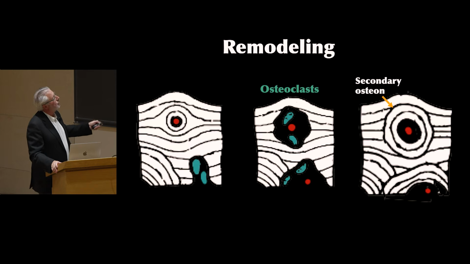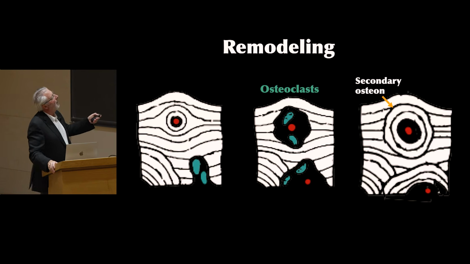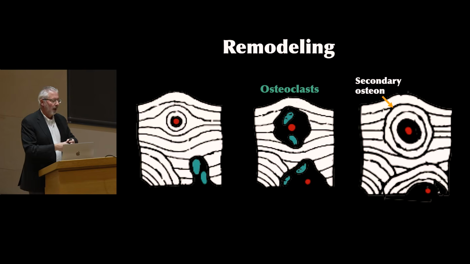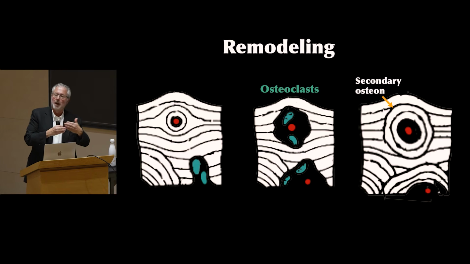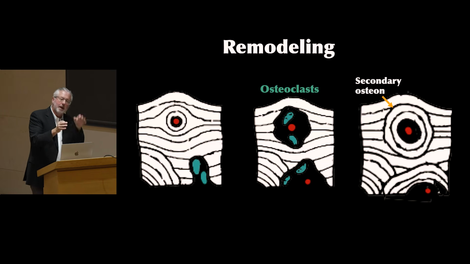Here's a little chunk of bone, as you would see it under a microscope. You can see layer after layer of bone tissue, and this bone tissue was laid down by bone cells. They lay it down appositionally on the outside. It can't grow from the inside, it grows from the outside.